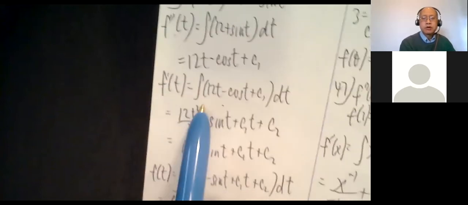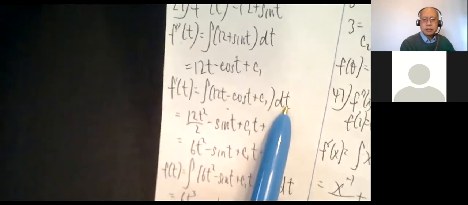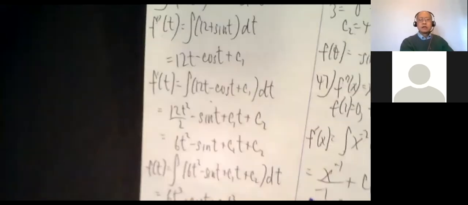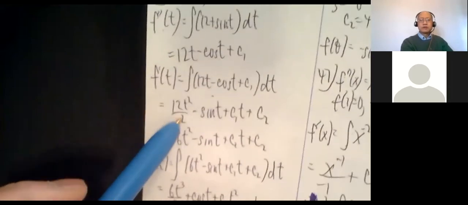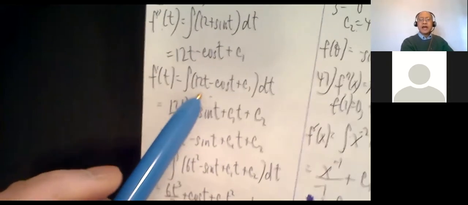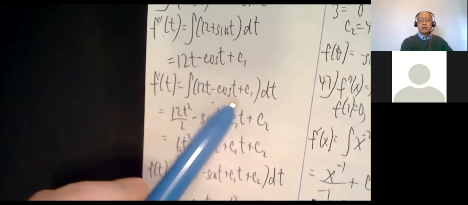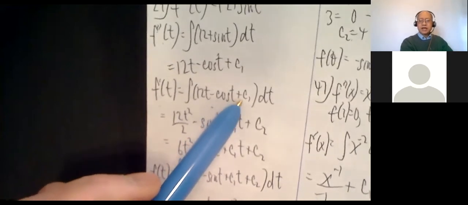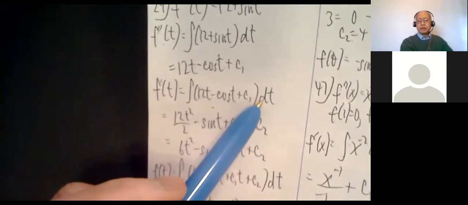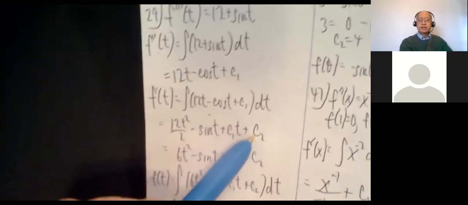So the integral of 12t minus cosine t plus c1 dt. So the integral of 12t, remember that's like t to the 1, so 12t squared over 2. The integral of negative cosine t is negative sine t plus c1t. What's the integral of a constant? It's the constant times the variable that you're doing, so c1t, plus another constant, c2.